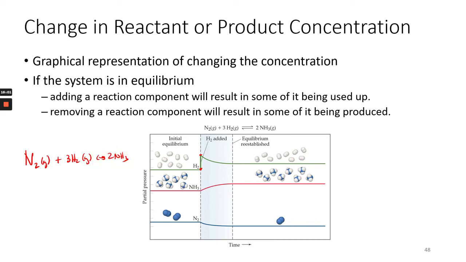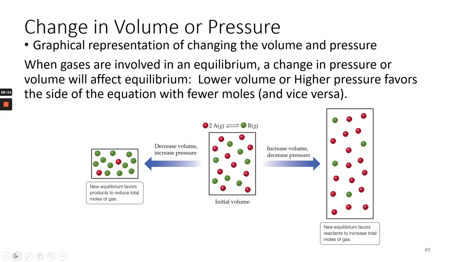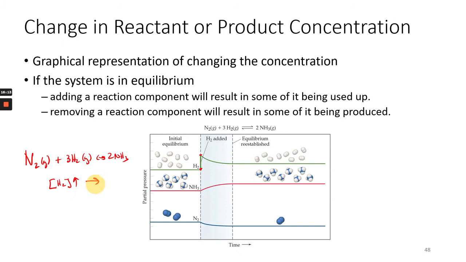So I increased hydrogen, now making hydrogen too high. So what's going to happen? The reaction is going to proceed forward. When the reaction moves forward, I will now make more ammonia. So here was ammonia, and now my reaction is moving forward, so I'm making more of it until I reach a new equilibrium.